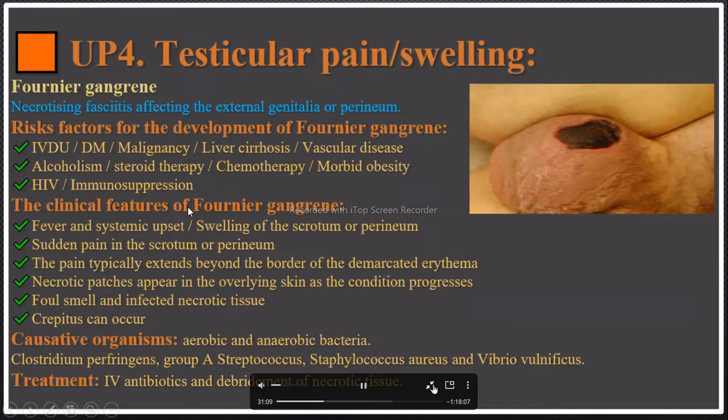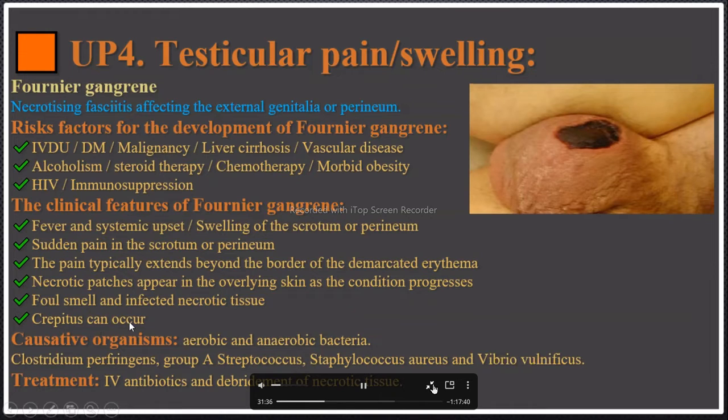The clinical features: the patient has this image and has fever, systemic upset, swelling of the scrotum or perineum, sudden pain in the scrotum or perineum. Pain typically extends beyond the border of demarcated erythema. Necrotic patches appear in the overlying skin as the condition progresses. Foul smell and infected necrotic tissue.